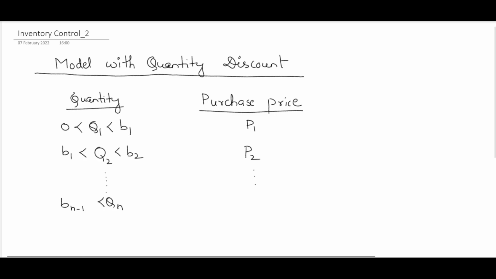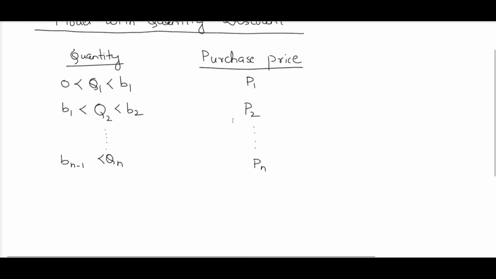If quantity is greater than B n minus 1, the price will be Pn. Which price will be lesser? Obviously Pn is less than P1. Gradually, if you increase the quantity, the purchase price is reduced.